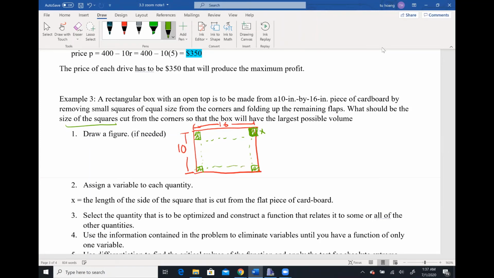If I fold it, it should look like this, and this, and this. Imagine that, right? No top. This box.